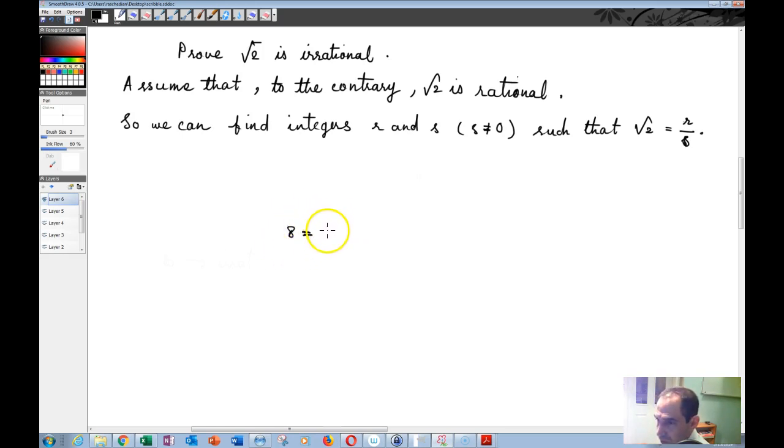For example, you can write 8 as 8 divided by 1, as 16 divided by 2, as 32 divided by 4, and so on. So there are innumerable ratios that would express the number 8.